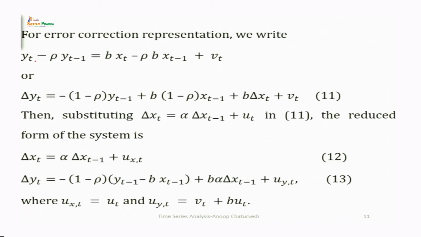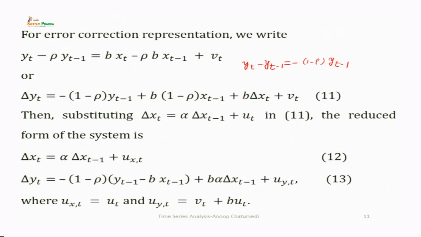You simply take y t minus 1 on the left hand side, and then you move this rho y t minus 1 towards the right hand side. So, you get rho y t minus 1 here, and then you are subtracting y t minus 1 from here. So, you get minus (1 minus rho) y t minus 1, and then you have b (1 minus rho) x t minus 1 you write here.